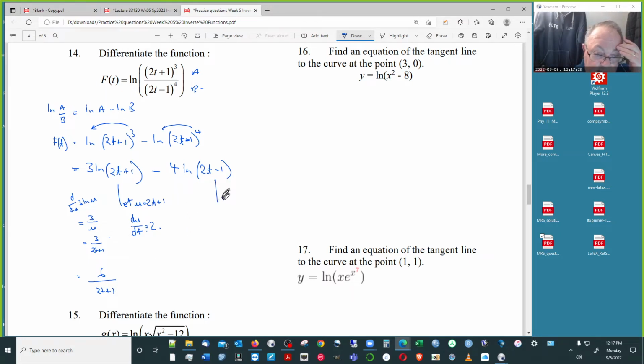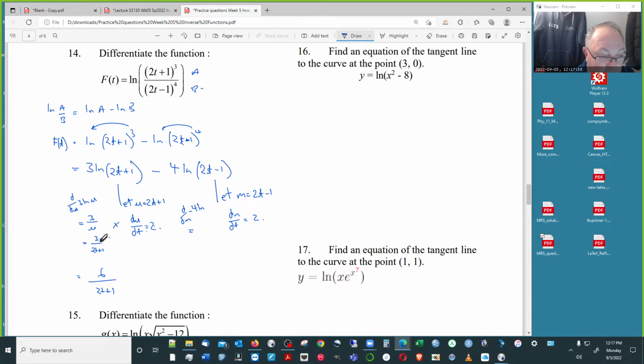Alright, so we'll let m equal 2t minus 1, dm dt is equal to 2. That leaves d dm. Sorry, how did you go from the 3 on 2t plus 1 to the 6 on 2t plus 1? Because this is a chain. So 3 times 2. Yep, okay.